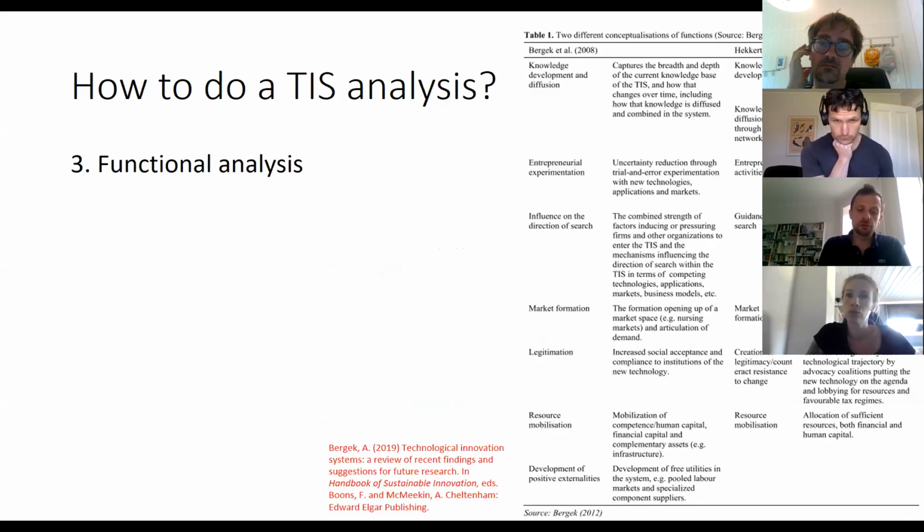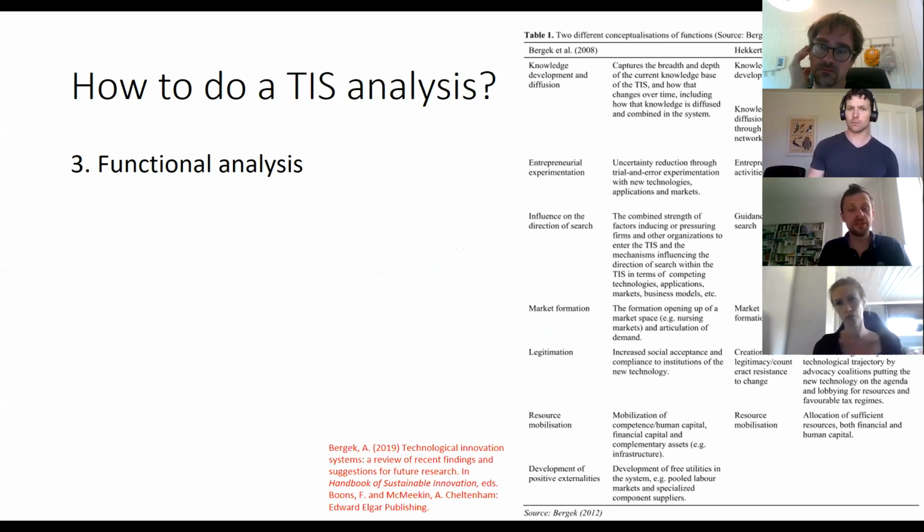The analysis of structural components allows for an assessment of the maturity level of the technology. Based on our knowledge of the number and capabilities of actors, we can assess whether we are analyzing what we call a nascent, an emerging, or a mature TIS.